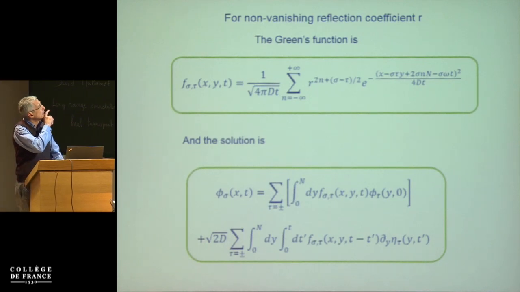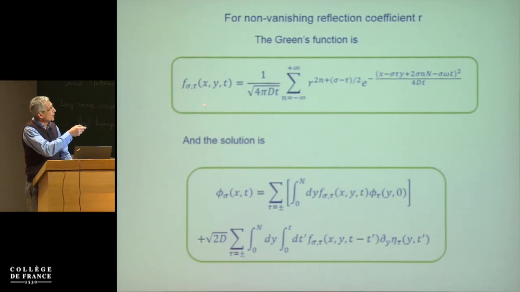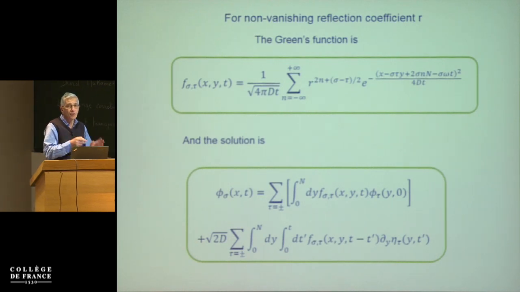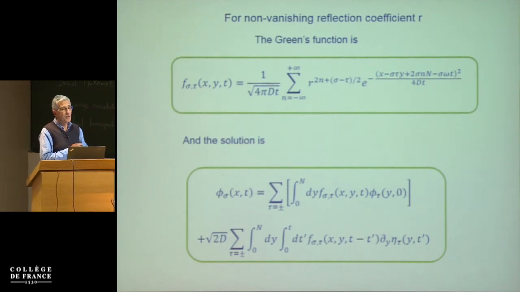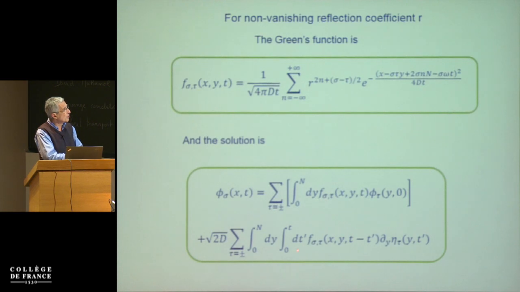And this is the Green's function, and the solution in the general case is not just a simple Gaussian, but a sum of many, many reflected Gaussians with appropriate sign. So this is the solution. It's the propagation of the initial condition and the propagation that comes from the noise term.